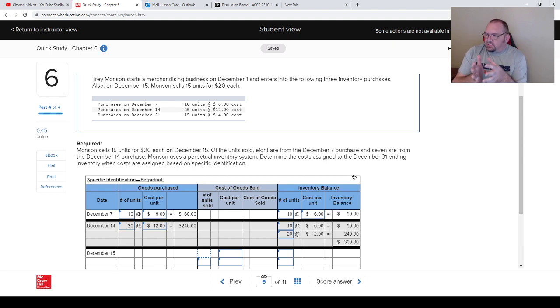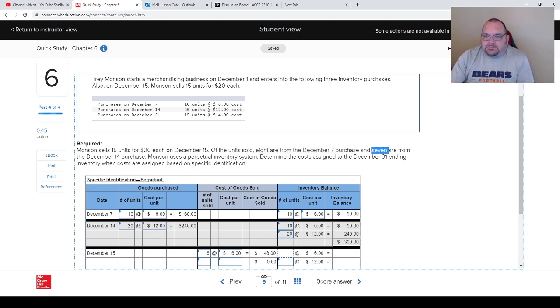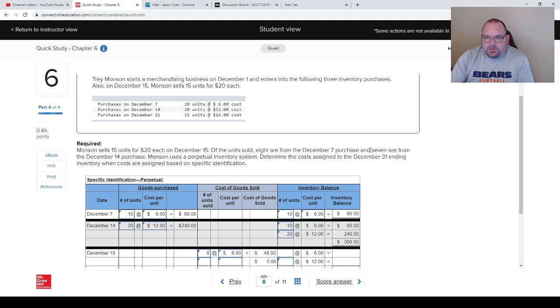Now, here, you have to read the problem and see what was sold. And it tells you right here, 8 are sold from the December 7th purchase. So 8 are sold at the December 7th price of $6 a piece. And then it says 7 are from the 14th, so that means they're $12 a piece.